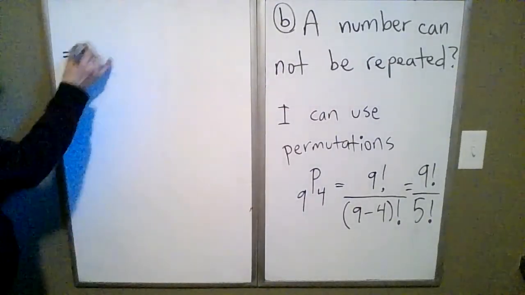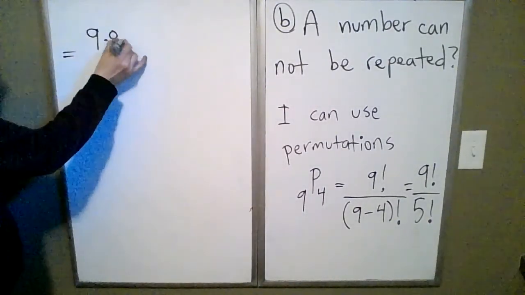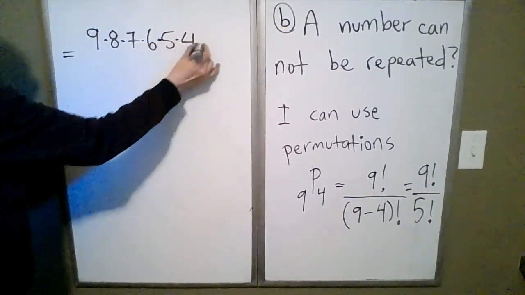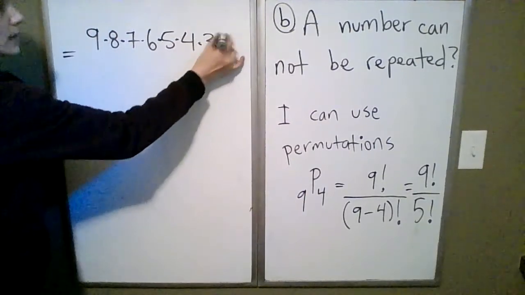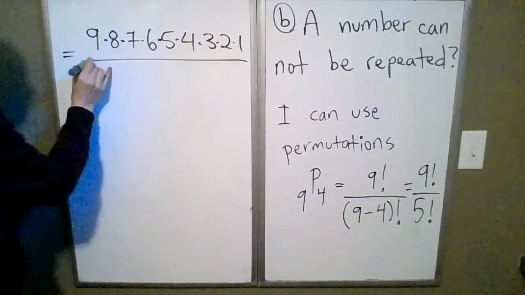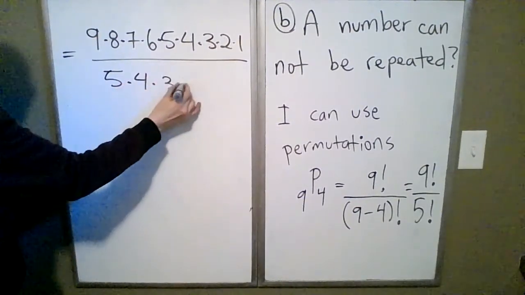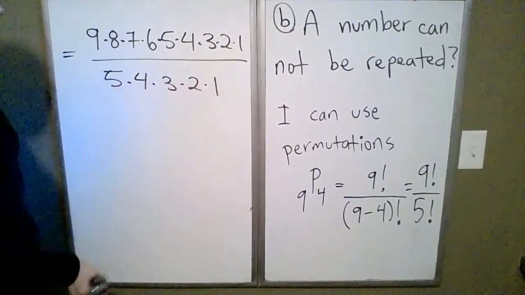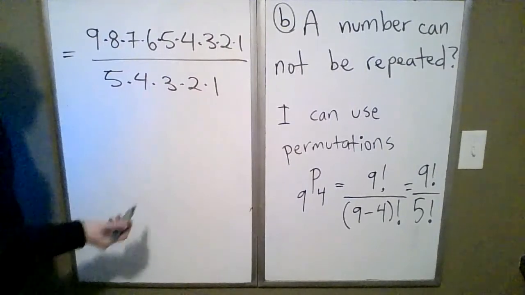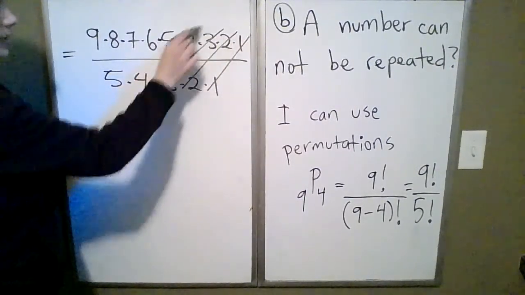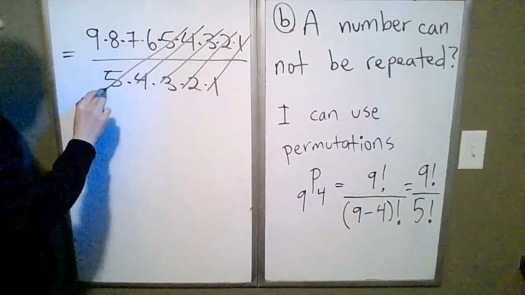The 9 factorial is 9 times 8 and 7 and 6, 3, 2, 1. And then our 5 times 4 times 3 times 2. Reduce 1 over 1, 2 over 2, 3, 4 over 4, 5 over 5.